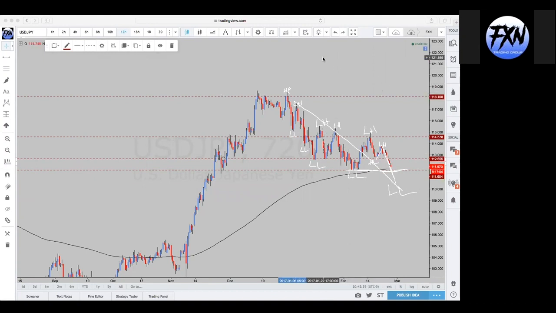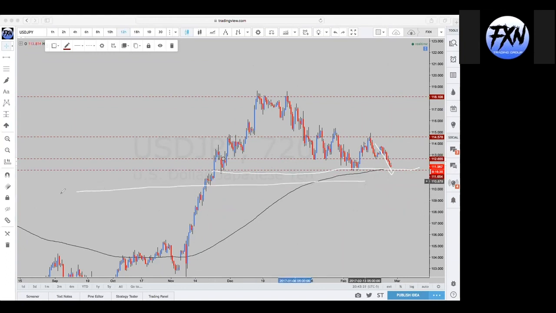So the question is, I don't know if you guys have been watching USD/JPY or not, but essentially this has been the biggest barrier for USD/JPY right here. If it breaks this barrier here, look to the left.